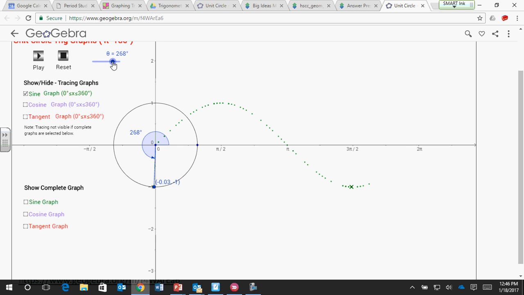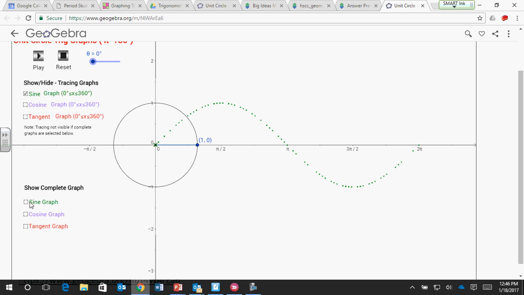Then it turns around and comes back, and at 360 we're back to 0. So that's what the sine of x looks like. Does that make sense? We're restricted between positive 1 and negative 1, and it just works its way around and traces like so.